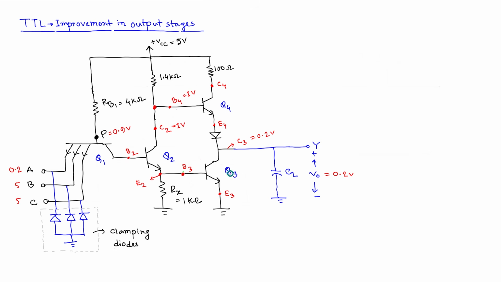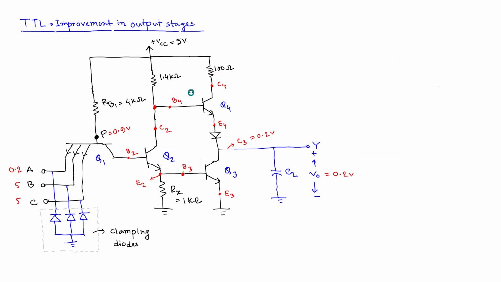But still you have to understand, because we have a capacitor, the voltage we got earlier, 0.2 at C3 or at the output, cannot change abruptly. It's still 0.2, but these two are now turned off. So now we have to recalculate what should be the value of voltage at C2 or B4.